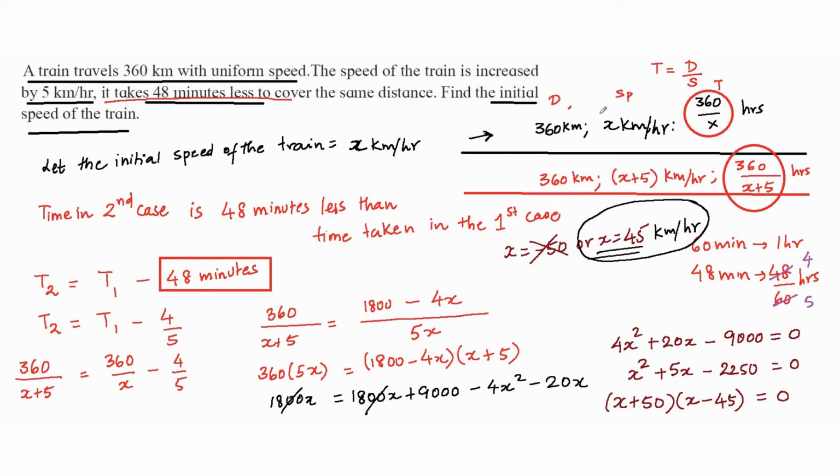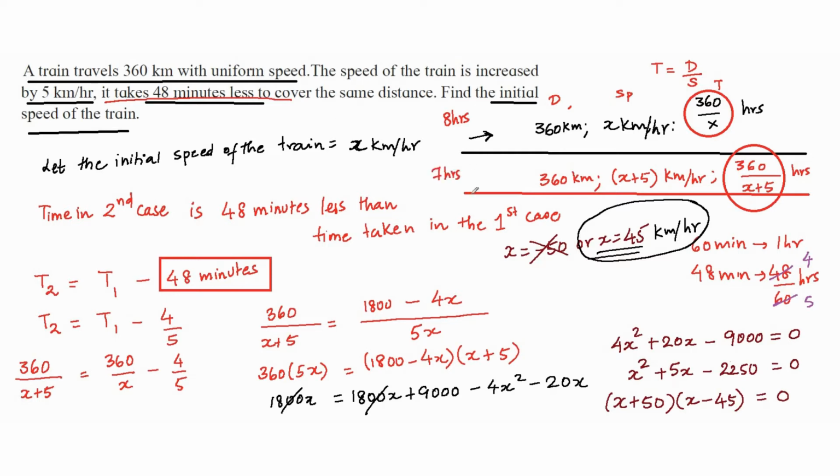And if we can quickly check our answer, suppose you cover 360 kilometers at 45 kilometers per hour, you are going to take 8 hours. Whereas if you travel faster by 5 kilometers per hour, your speed becomes 50. So 360 kilometers at 50 kilometers per hour, you are going to take 7 hours and 0.2 hours.